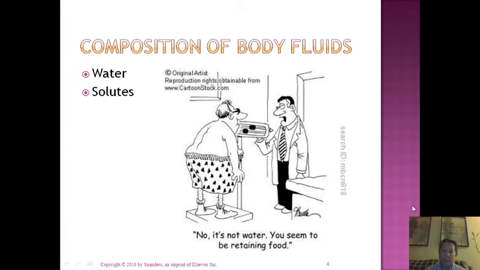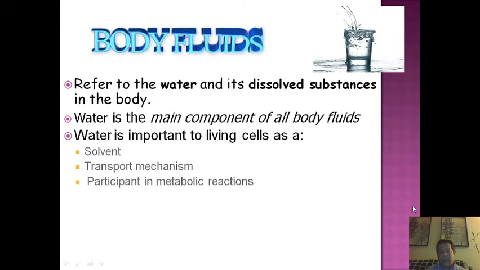So when you say body fluids, you refer to the water and its dissolved substances in the body. Of course, water is the main component, and it is very important to understand that these body fluids, composed mainly of water and dissolved substances, are important in regulating body functions, the regulation of our system, the organs, and everything.